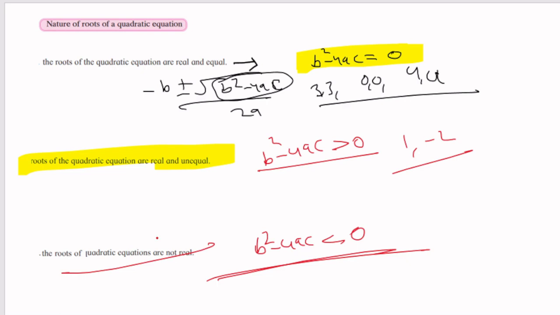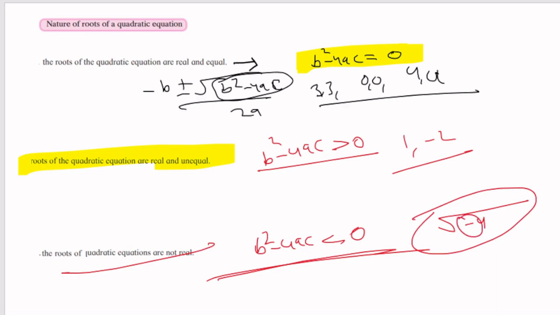Though there are some ways to find the roots, in higher standards, 11 and 12, we will learn it; it's called complex numbers. Why is it not real? For example, the square root of a negative number, for example negative 4. The square root of 4 we know, but the square root of a negative is not possible in this case.